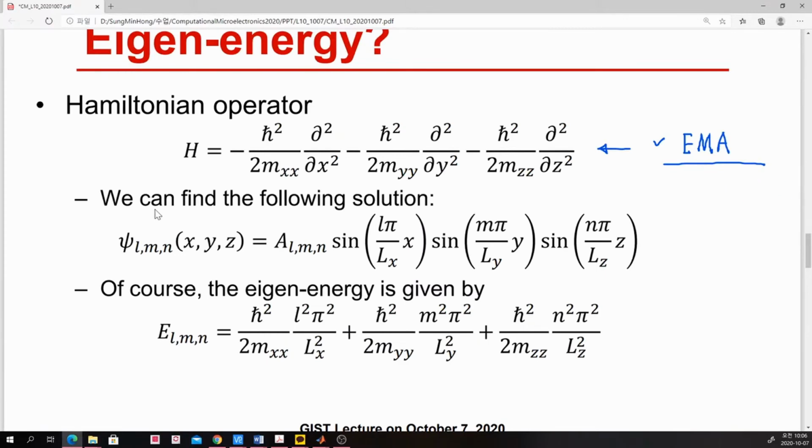Once you have sufficient experience with the effective mass Hamiltonian, from my own experience, expanding it to a higher model is not that difficult. It is more or less a matter of your computational capability or skill. So for a while, in this semester, we will just stick to the effective mass approximation.